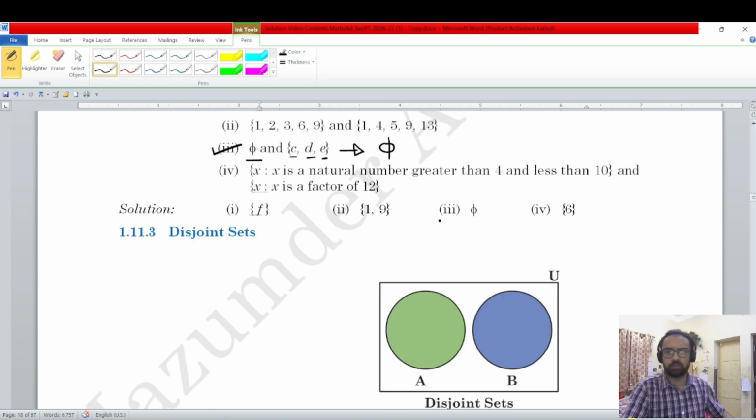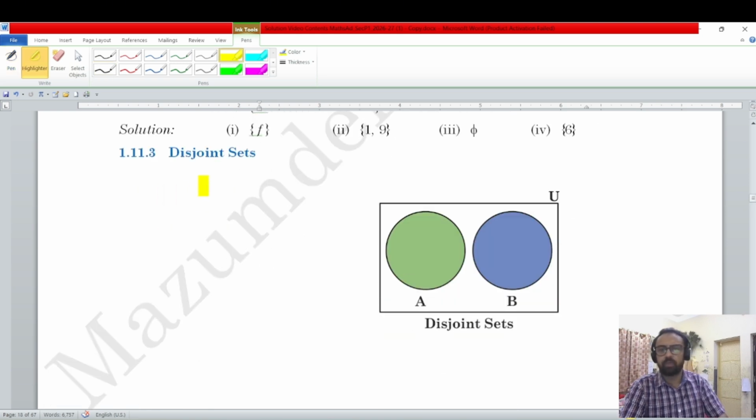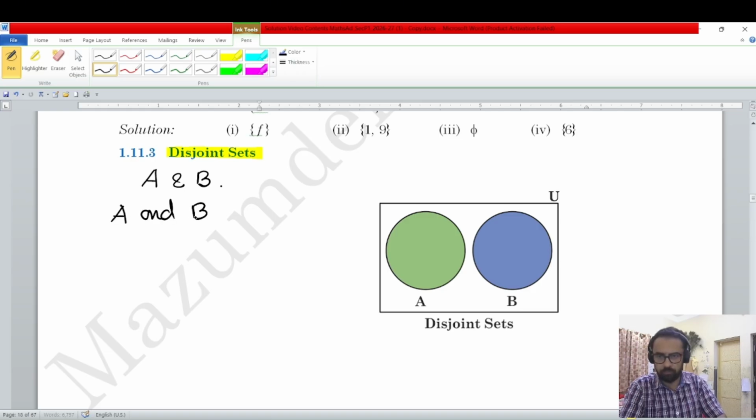Similarly, the other questions you can check. Let's go to the next concept, that is disjoint sets. So what are disjoint sets? Suppose A and B are two sets. A and B will be disjoint if A intersection B equals phi.